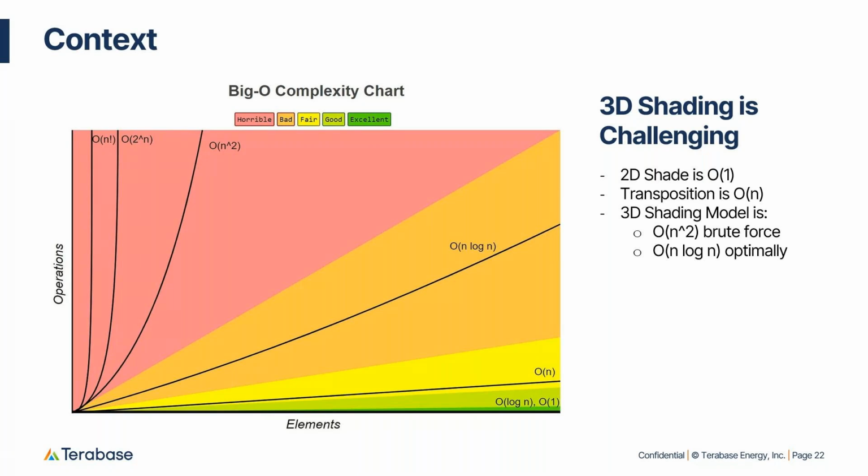You can see how when the number of polygons gets to like 30,000, O of n squared might be a really difficult problem to solve. There are some algorithmic tricks that you can do to get to O of n log n, but that's the theoretical limit of how fast you can do a 3D shade model. So 3D shade will never be as fast as 2D shade, and it's a limit of computation. Next slide.